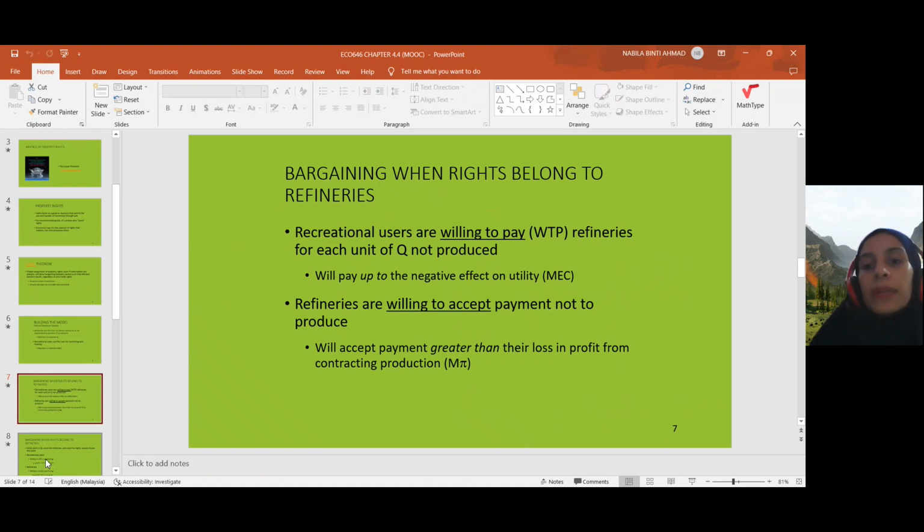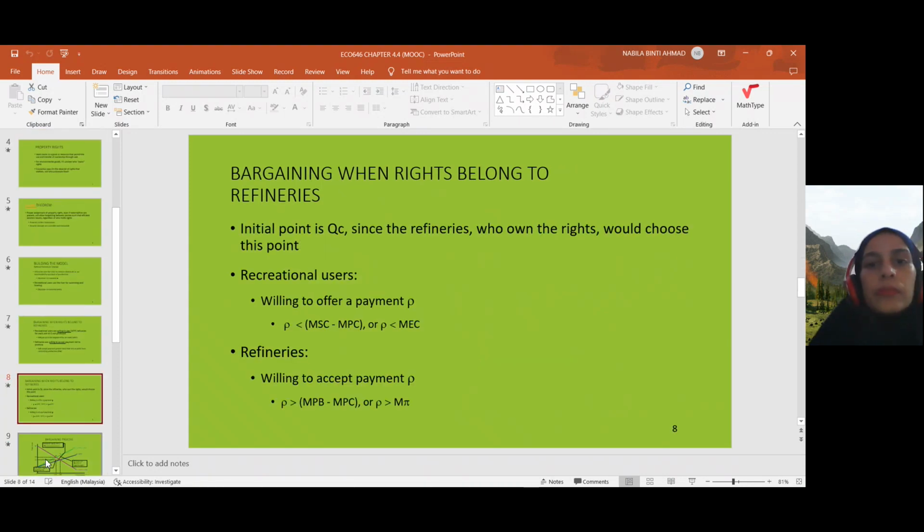They will accept payment greater than their loss in profit from contracting production, the marginal profit. So the users are willing to pay the refineries not to produce the goods because they want to conserve the environment, and refineries will accept the payment if it is not less than the marginal profit.